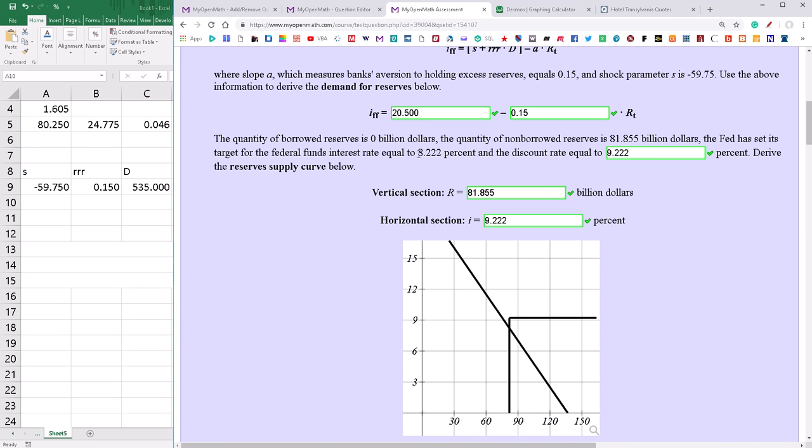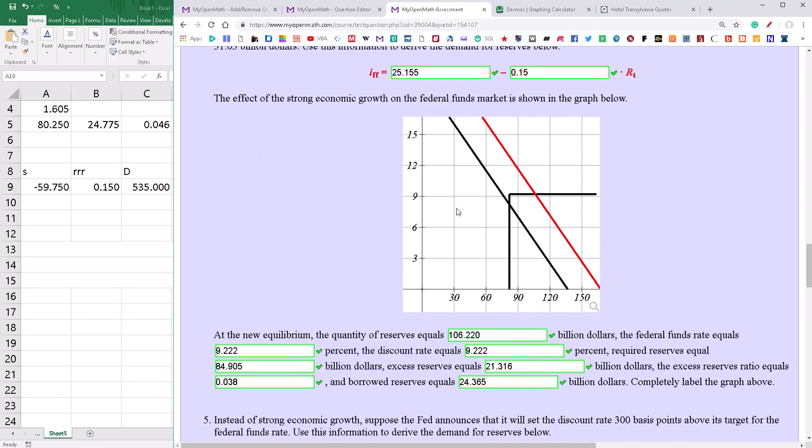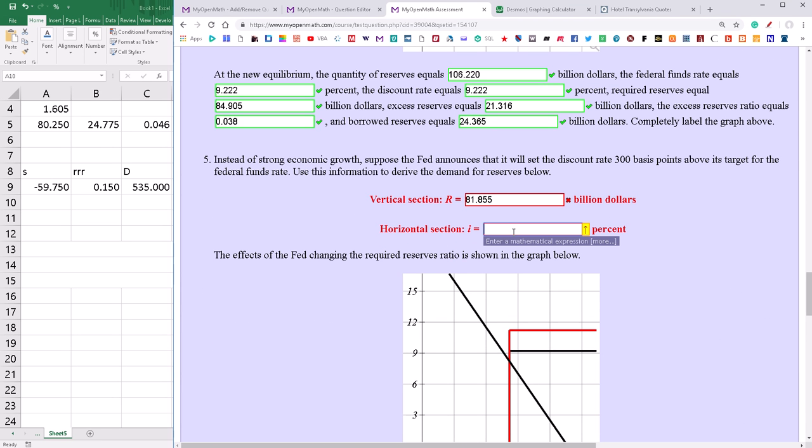Here's the target, 8.222. If we add 300 basis points, that's adding 3.000 percentage points, so we end up with 11.222.